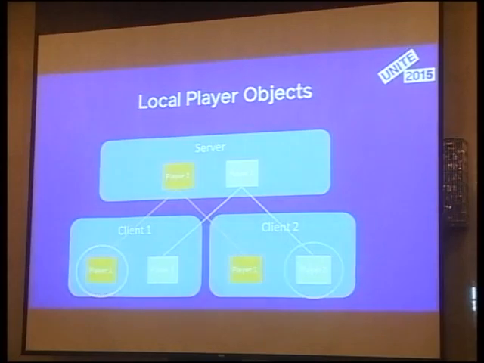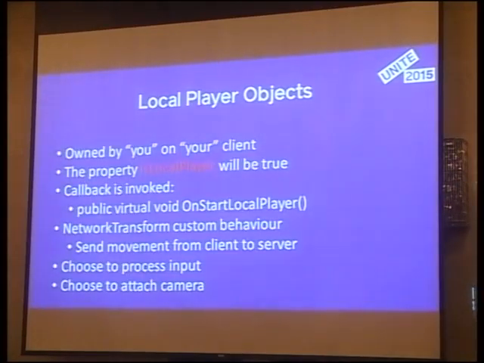And that's important for your code because you don't want your player to behave like other people's players. So the camera should be following your player, and input should be processed for your player. But for other players, you don't want those things to happen. So this is a concept of the high-level API, local player objects.